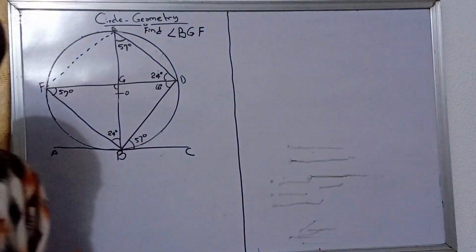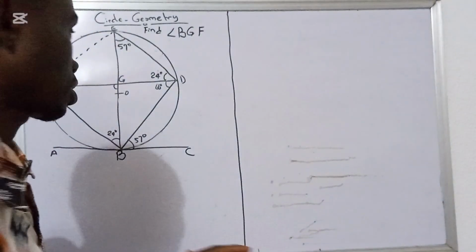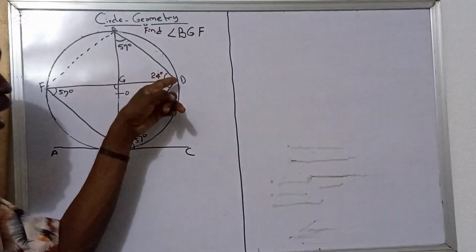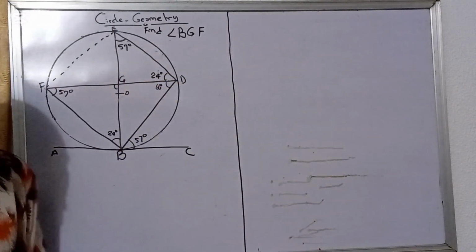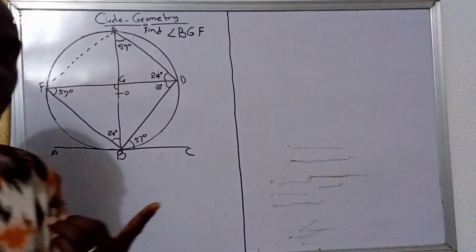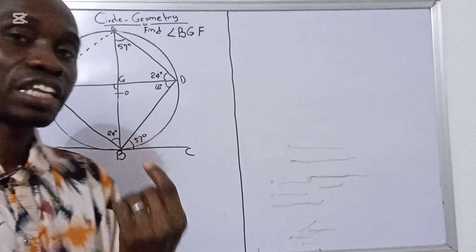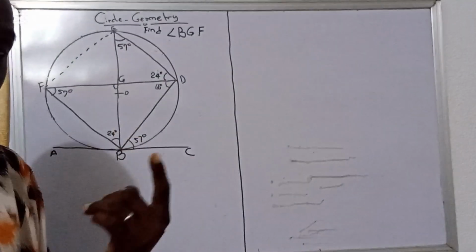Another way to know angle in the same segment is by looking at the boundary angles, or the legs of an angle.